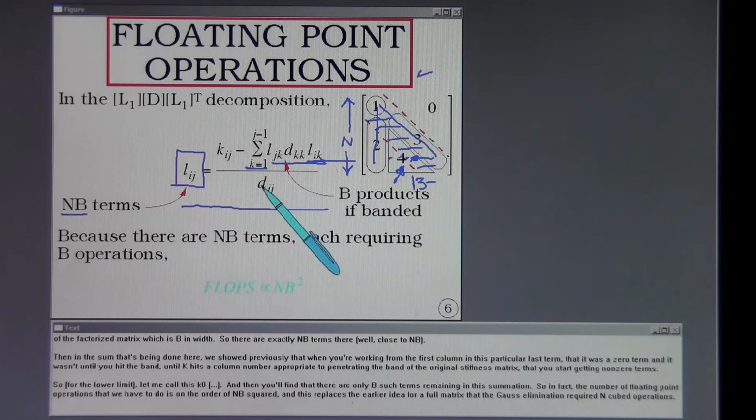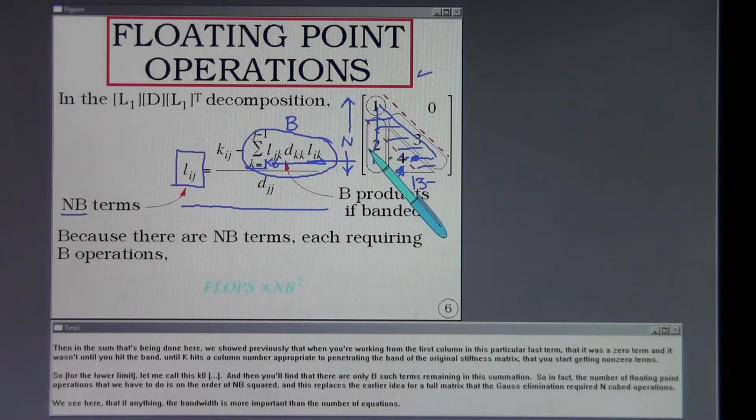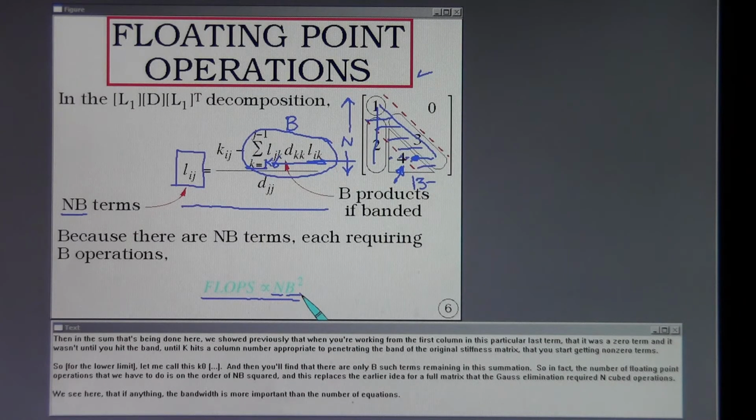So let me call this K0 or something. And then you'll find that there are only b such terms remaining in this summation. So in fact, the number of floating point operations that we have to do is on the order of nb squared. And this replaces the earlier idea for a full matrix that the Gauss elimination required n cubed operations. We see here that if anything, the bandwidth is more important than the number of equations.